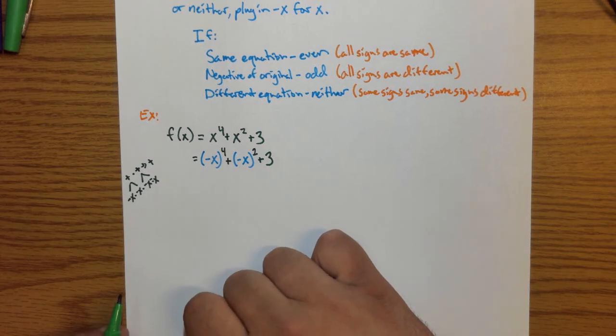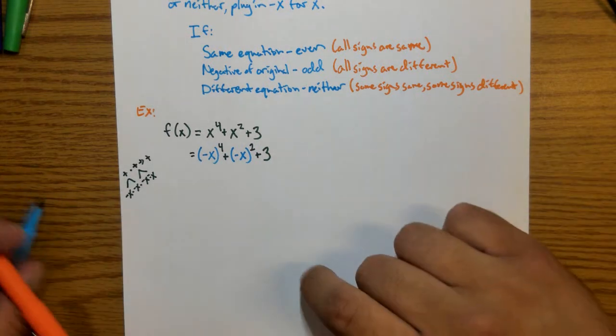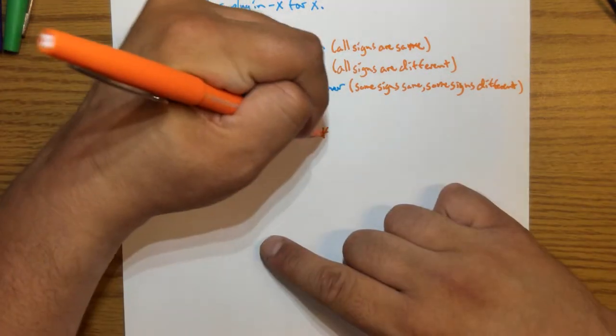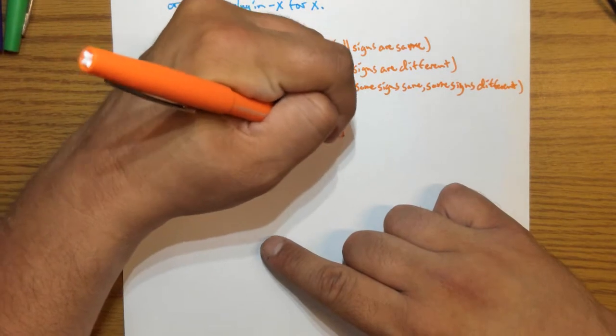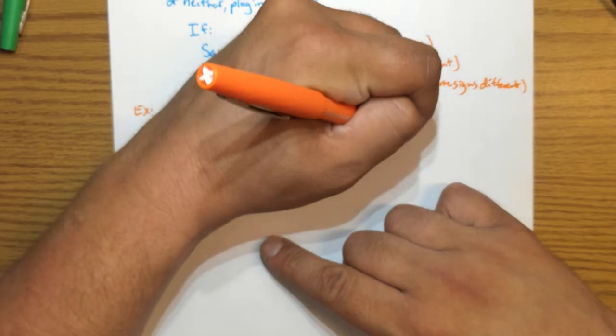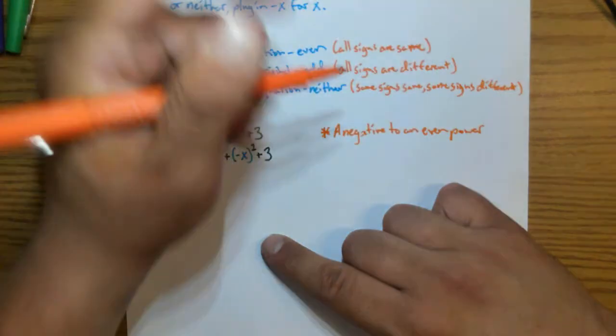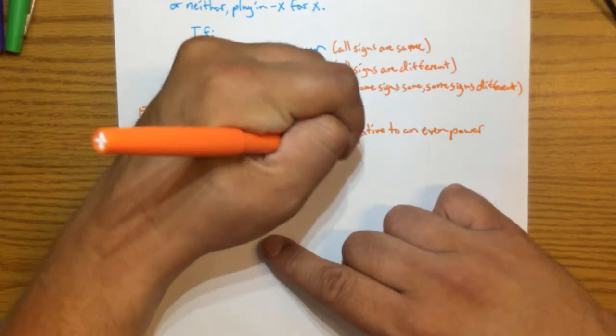So recall that rule. Whenever we have a negative to an even power, I guess we could write that off to the side, a negative to an even power will become positive.